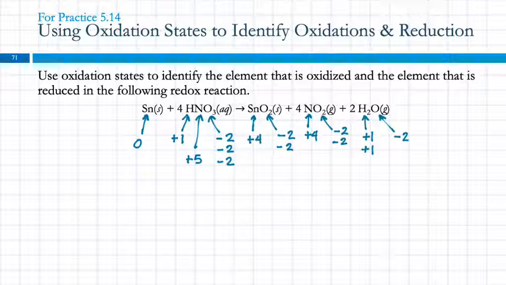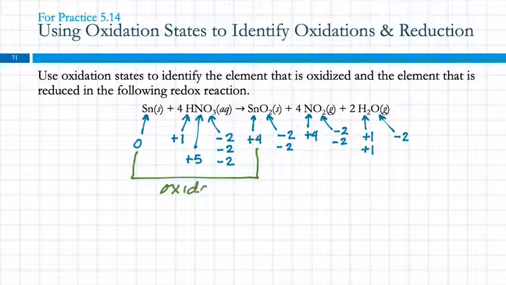So I'm just going to start with the first element and see what happens. Here's tin. It's at 0 on this side, and I find tin over here, and it's +4. Is that going up or down? It's going up. So it went from 0 to +4. That's oxidation. So the tin is being oxidized.